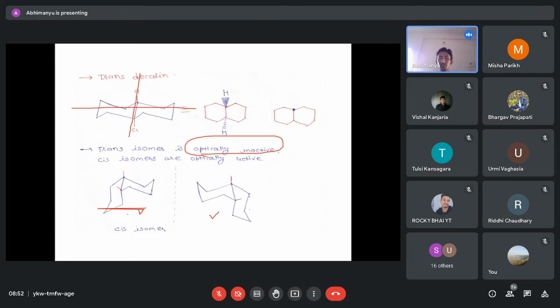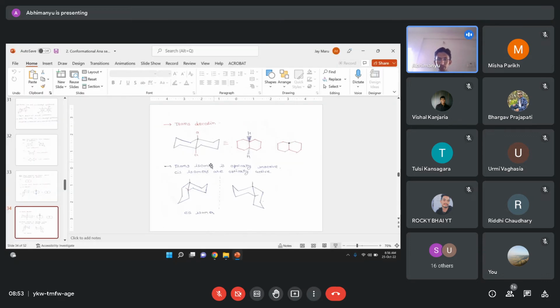Here you can see that structures C and D are mirror images of each other and C cannot superimpose on D. Yes, C cannot superimpose on D, and therefore we can say that structure C and structure D are enantiomers of each other.